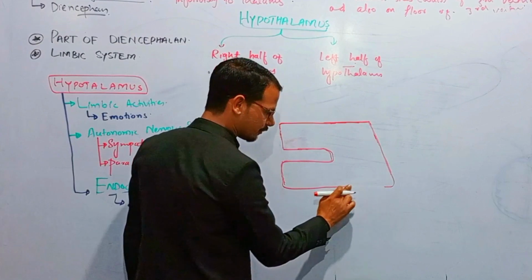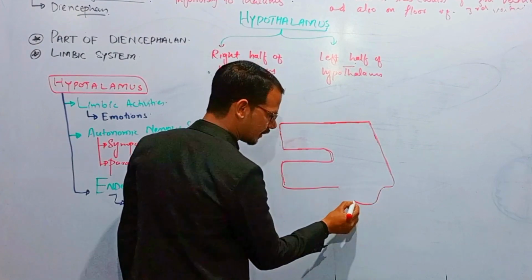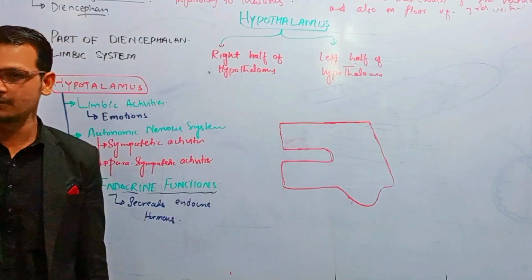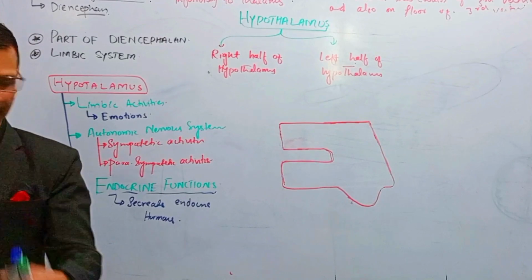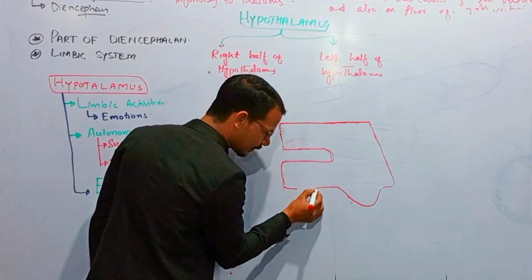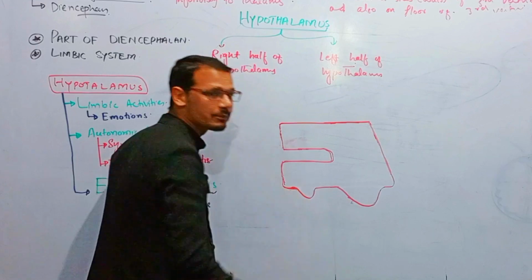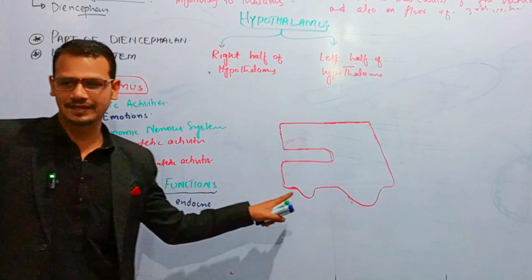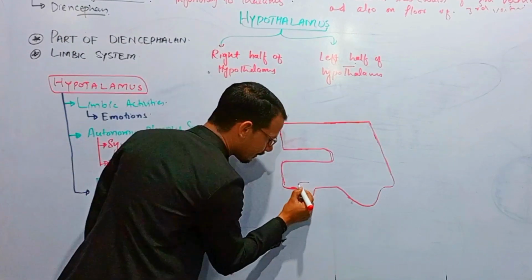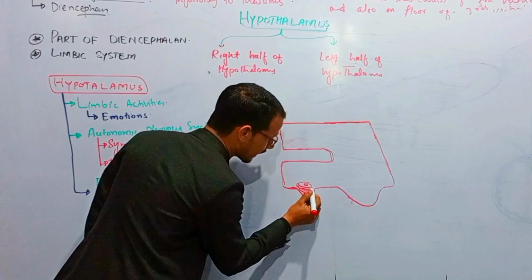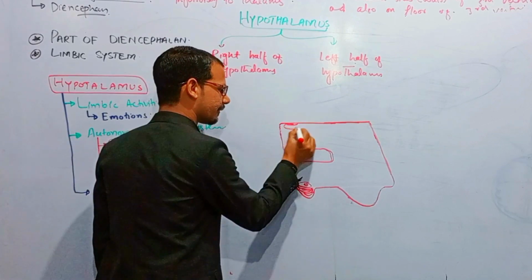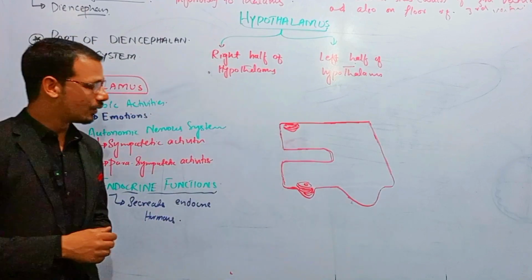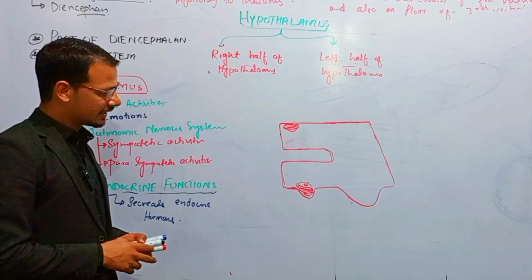And from hypothalamus we have one swelling here, which is called the tuber cinereum. This swelling is called the tuber cinereum, which is part of hypothalamus, right? And we have another swelling here, which is called the mammillary body, not papillary body. Papillary bodies are present in the heart, right? This is called the mammillary body, mammillary swelling. On either side, here also we have a mammillary body, right?